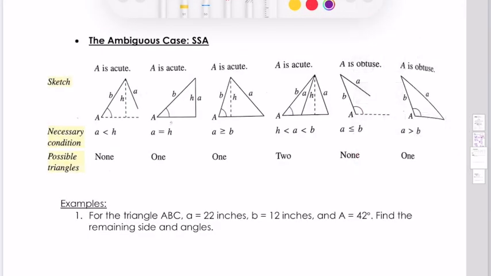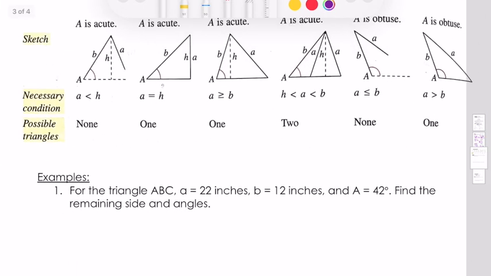Perfect, done with that. Alright, I finally switched my board over so that it would fit the screen. This ambiguous case is just showing you that it doesn't always work out to make triangles with the side lengths and angles you're given. Or in the fourth case, it turns out that you could have 2 different triangles when A is between the length of the height and side b.